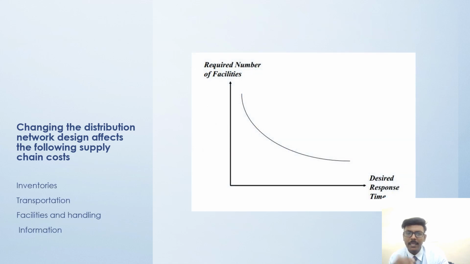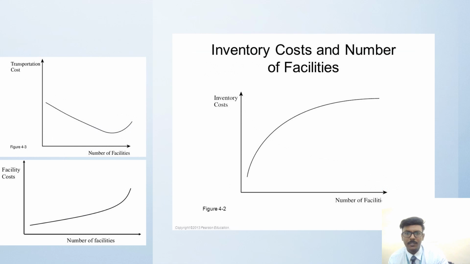Before that, based on this distribution network design scenario, it affects the overall supply chain cost. See the diagram. When we talk about the desired response time, automatically the number of facilities goes lower. Similarly, when we talk about inventory cost, what will happen? As the number of facilities increases, inventory cost also increases.